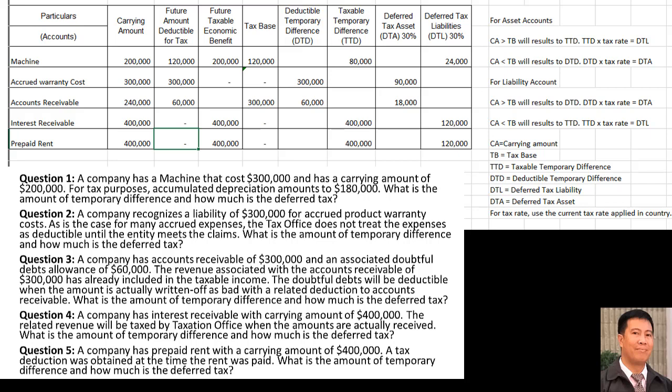So the difference between these two will result to deductible temporary difference. And then deductible temporary difference multiplied by the tax rate, 30%, will result to deferred tax asset.